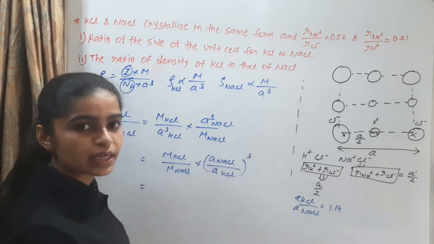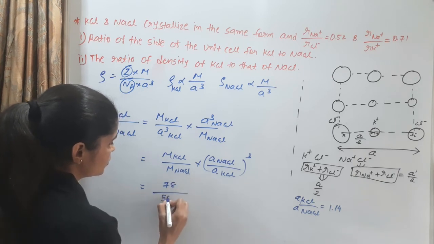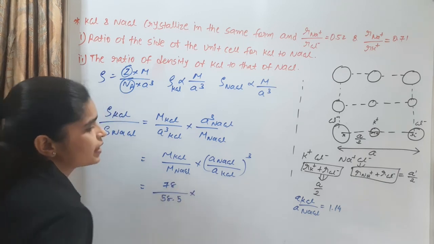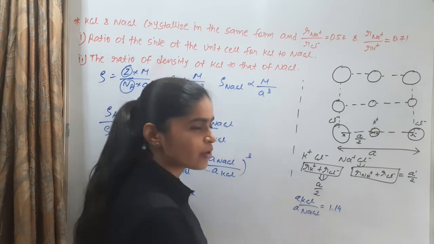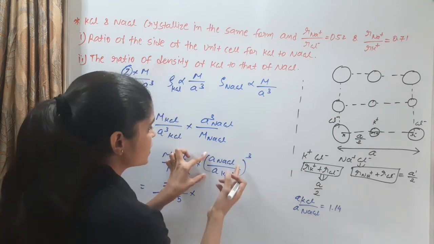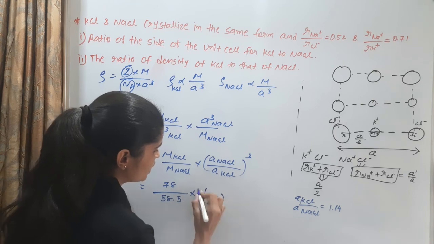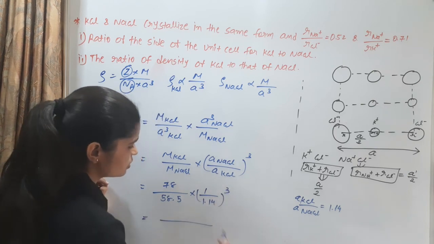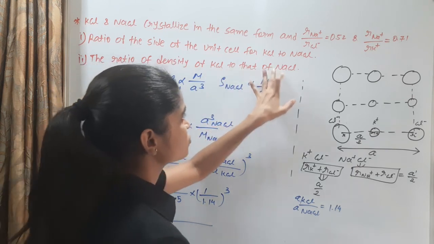For the mass, KCl is 78 and NaCl is equal to 58.5. We find the KCl to NaCl ratio 1.40. But in this equation it is NaCl to KCl, so inversely 1 upon 1.14 cubed. This is the answer, the given ratio of the density of KCl to that of NaCl.